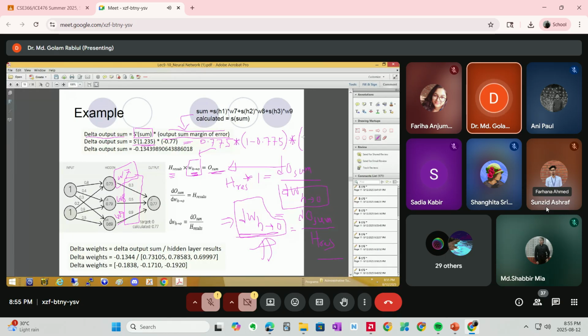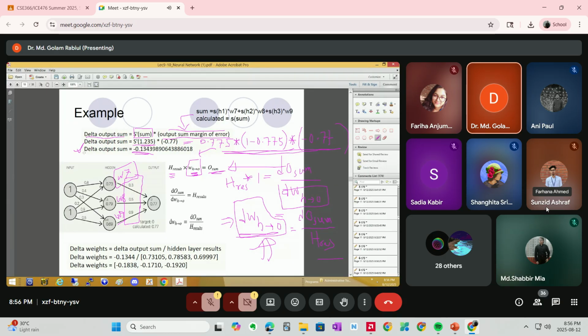We have already calculated the error. Error is negative 0.774 or 775. If we multiply these three terms, then we will get negative 0.13439. So this is our delta output sum.